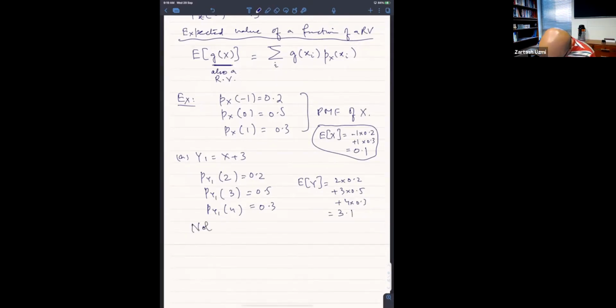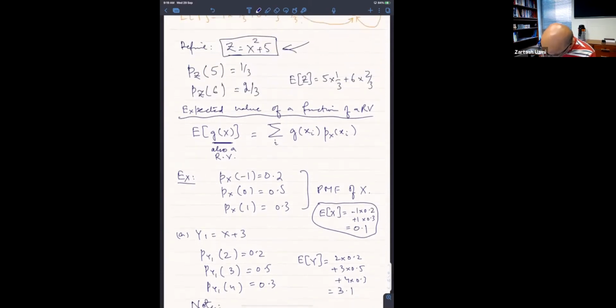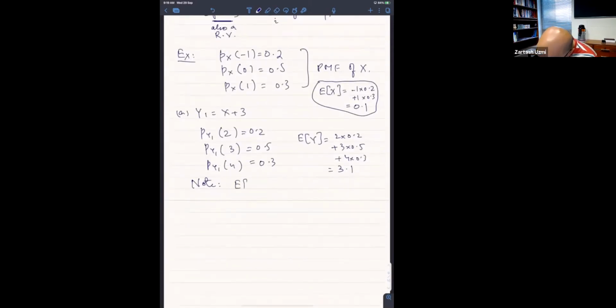Note that the expected value of y1 is expected value of x plus 3. And this makes complete sense to us, because we have defined the random variable y1 as x plus 3.